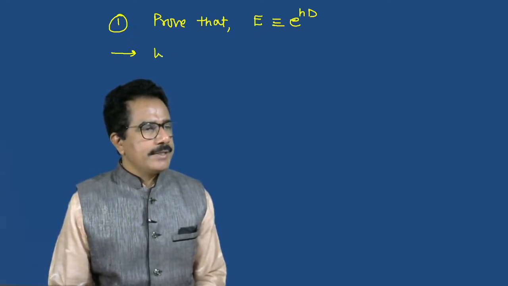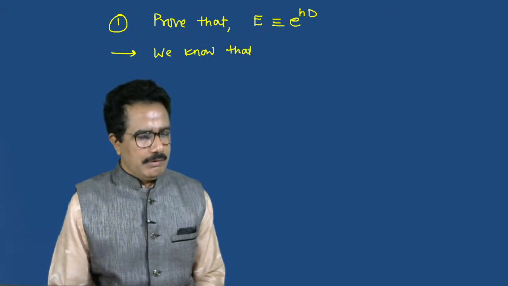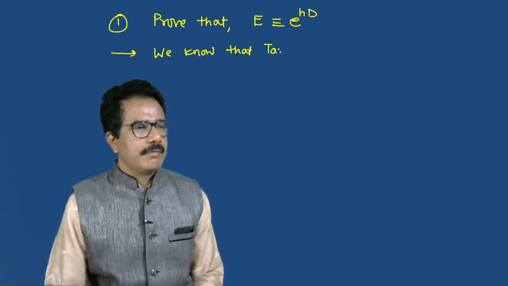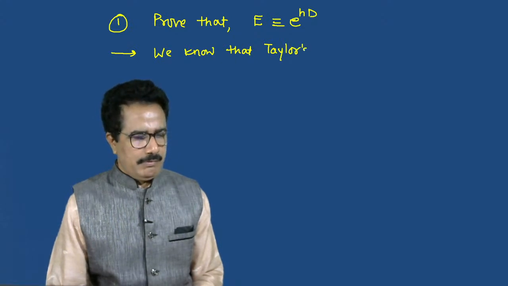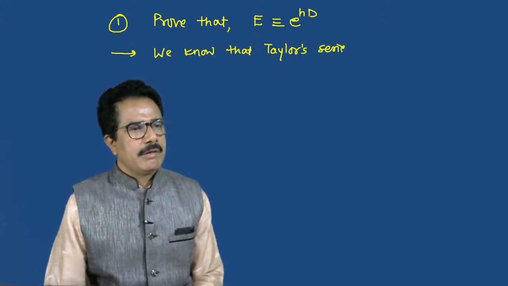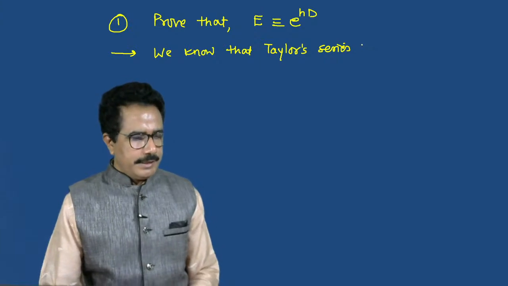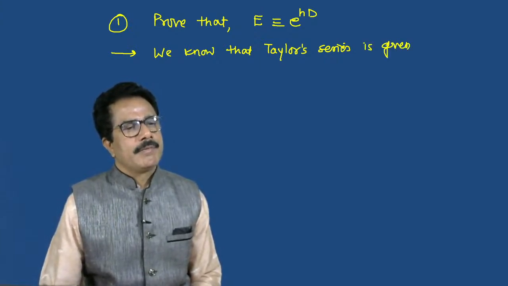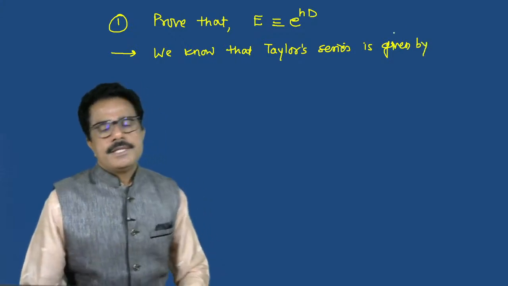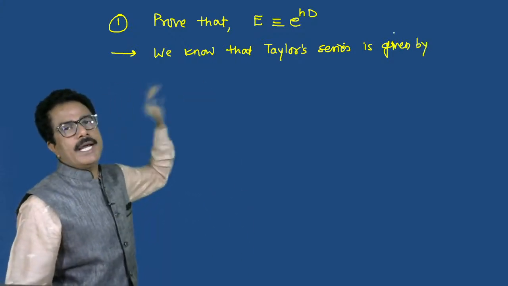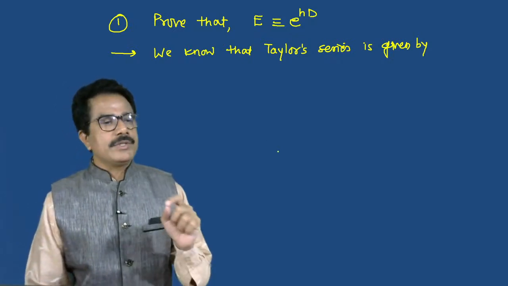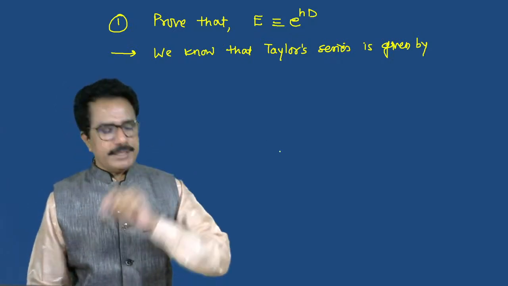We know that the Taylor's series is given by, here in B.Sc. first year you know that there is a Taylor series. Can you tell me what is the form of a Taylor series in the form of a derivative?